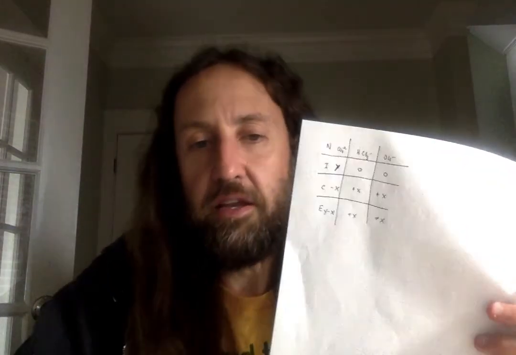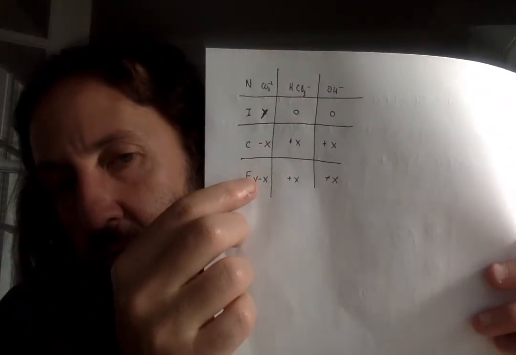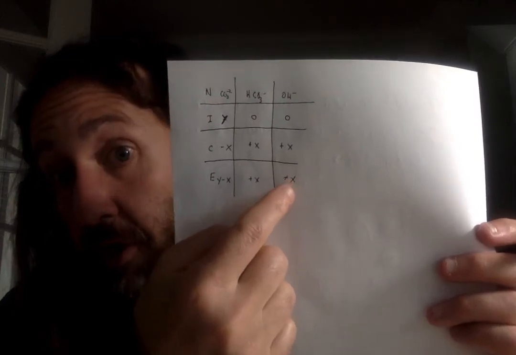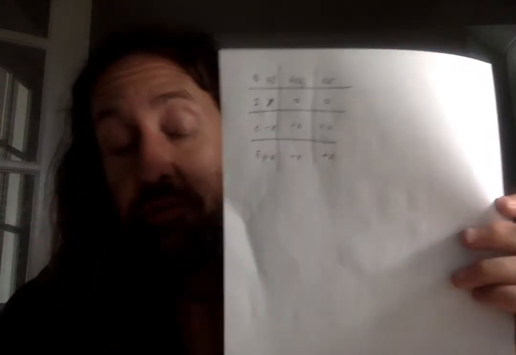And then what you could say, in setting that up, is the equilibrium concentration plus the concentration of the hydroxide would give you the initial concentration of the carbonate.